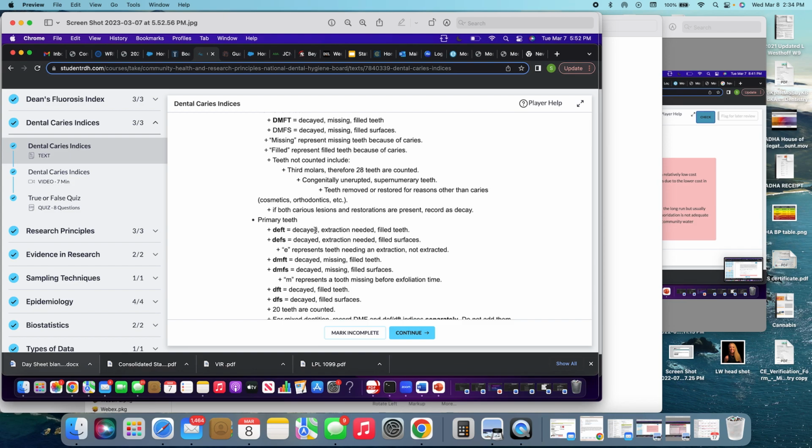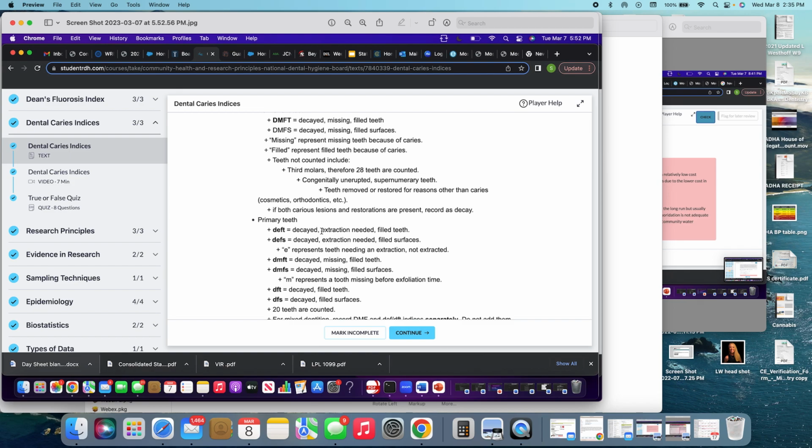Some of it is because of the extraction needed part, a little bit more like treatment needs, slightly more specific than DMF. So you're not going to note an E for teeth that are missing. You're only going to mark an E if the tooth needs extracted.